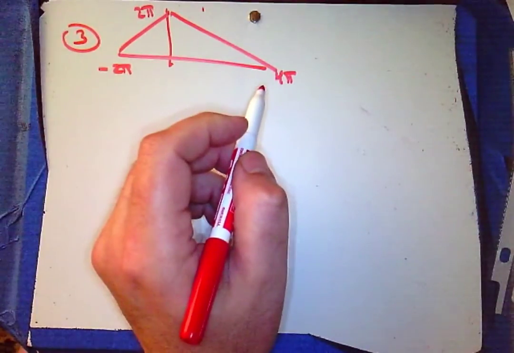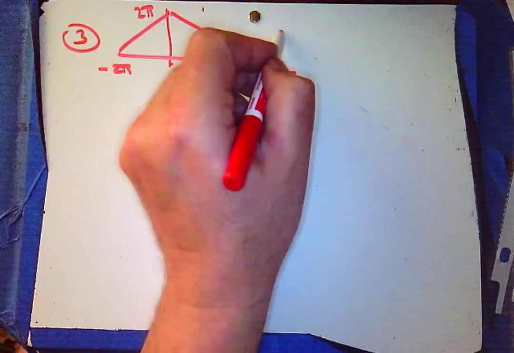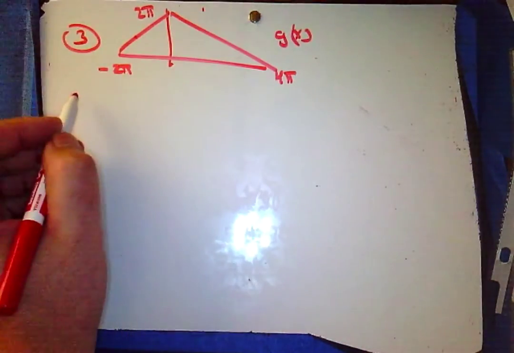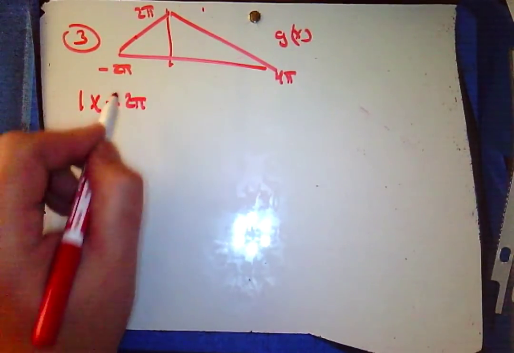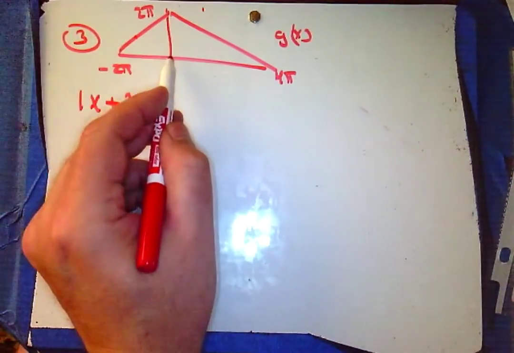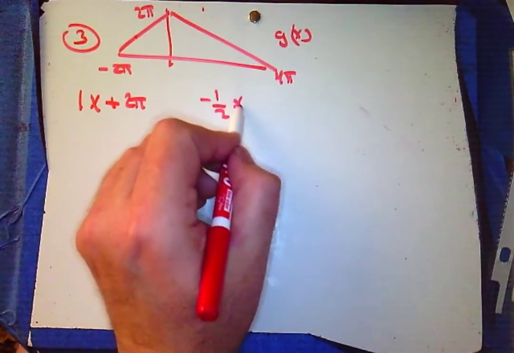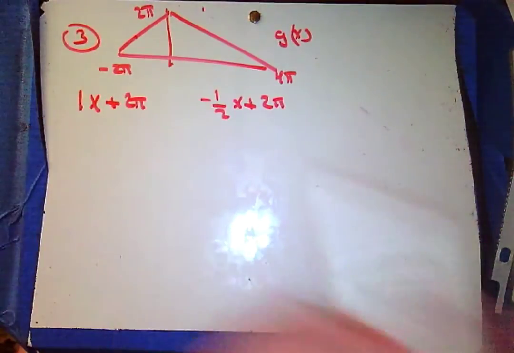This is a graph of g, this is g of x. This equation is x plus 2 pi, and this goes down 2 pi over 4 pi, so it's negative 1 half x plus 2 pi. Okay, so those are my pieces.